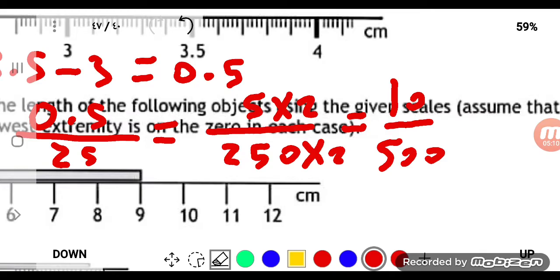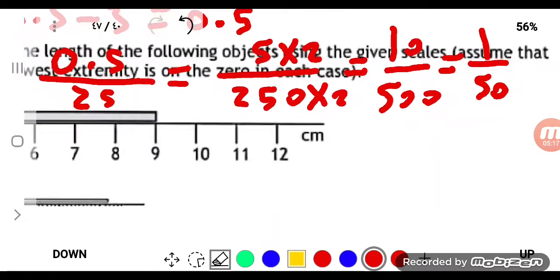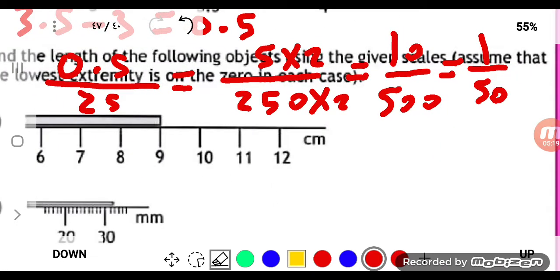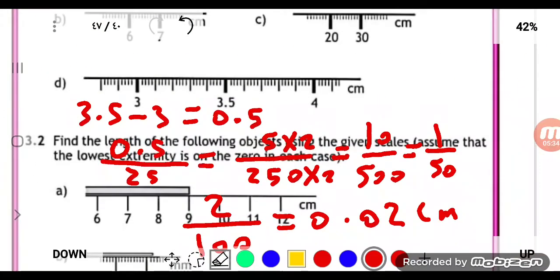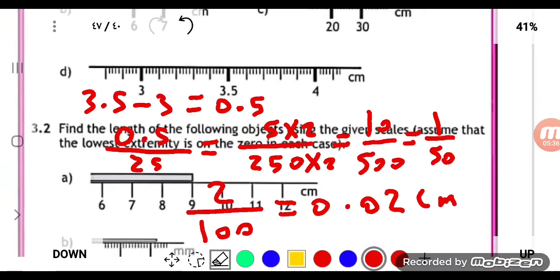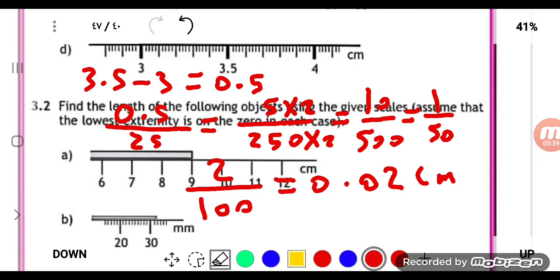Then you can also simplify 0 and 0, and this will be 1 over 50. Then you can multiply by 2 up and down. You get 2 over 100, and this is 0.02 centimeter. And that's the smallest division on the last ruler D.